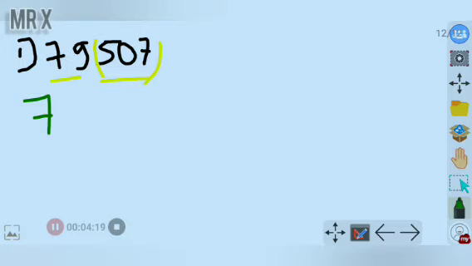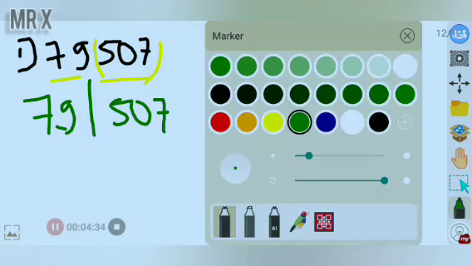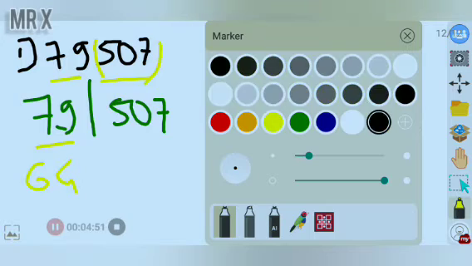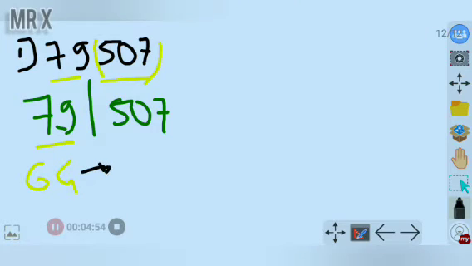So how will you find the answer? You split this number into different groups. Considering the first group, 79, the perfect cube smaller than 79 is 64. If you remember the table, you know that the cube root of 64 is 4.